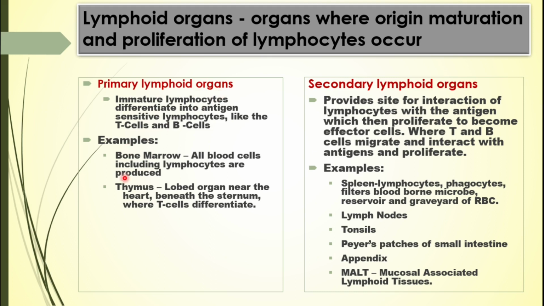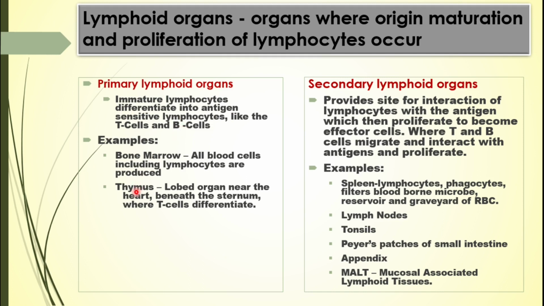So, we have two such examples. One is the bone marrow. All the blood cells, including the lymphocytes, are produced in the bone marrow, and the B cells are differentiating themselves in the bone marrow. So, bone marrow is an example of a primary lymphoid organ. In which other organ does a similar function happen? The thymus.